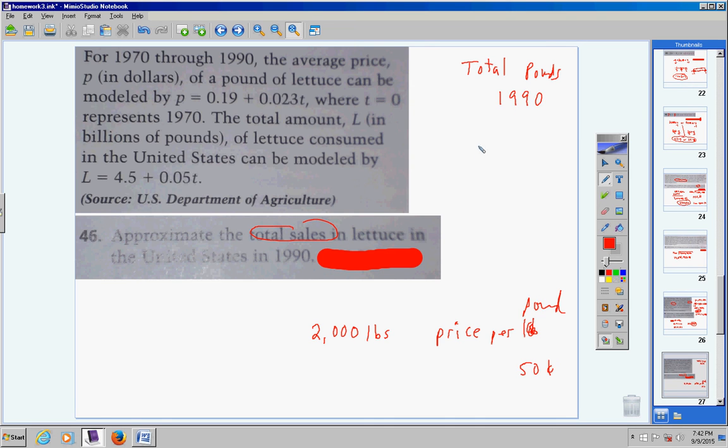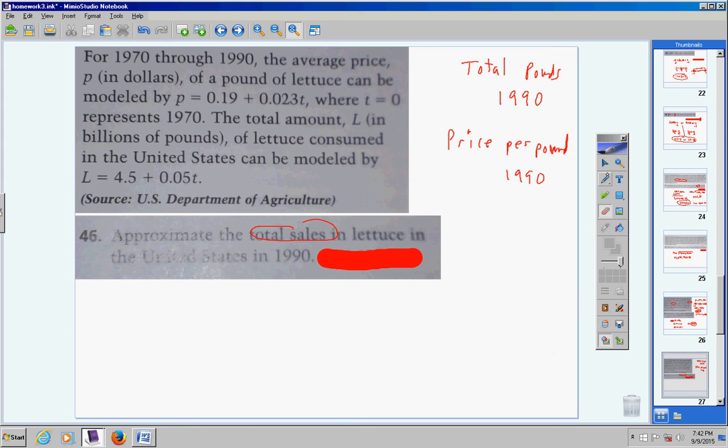And then after I know that, I must find the price per pound in what year? 1990. So once I know the total pounds and I know the price per pound, multiply those together and I've got my total sales. So it sounds like an idea, sounds like a plan. Let's see what happens, okay?